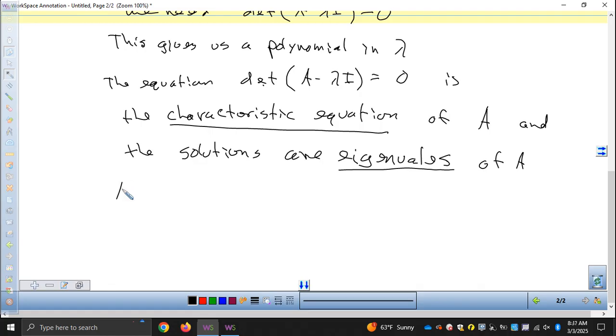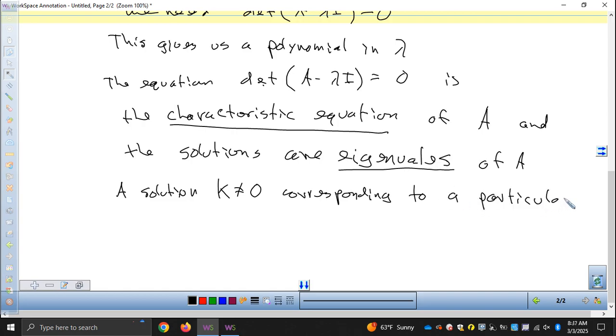And a solution for our vector k not equal to 0, that corresponds to a particular lambda, a particular eigenvalue, is called an eigenvector.